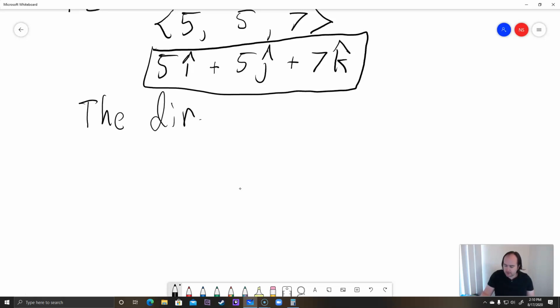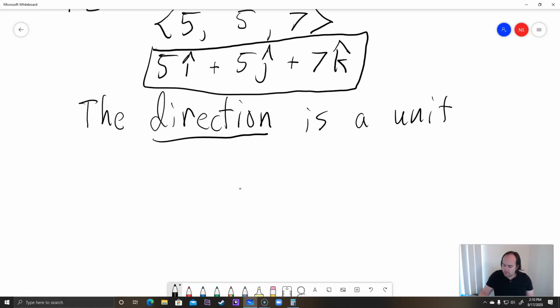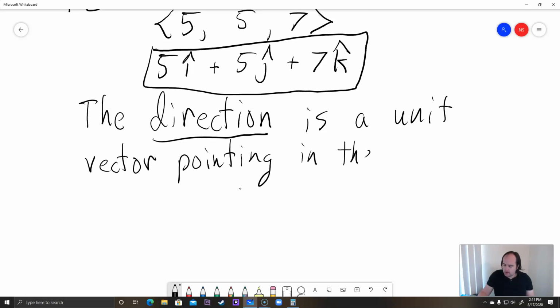The direction is a unit vector pointing in the direction of vector v.